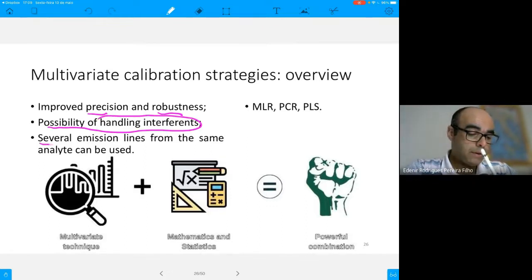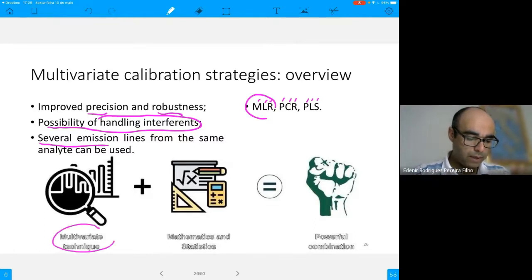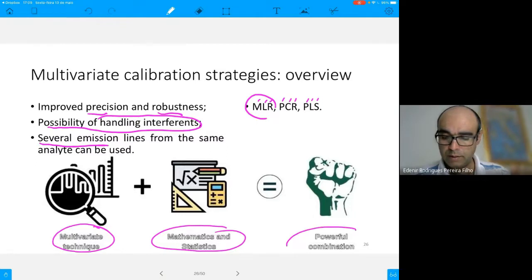We can use several emission lines from the same analyte in order to calculate linear models, and we can use, for instance, multiple linear regression, principal component regression, and partial least squares. In other words, we can combine a multivariate technique with mathematics and statistics and obtain a powerful combination.